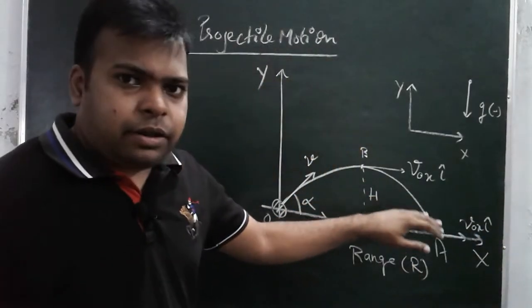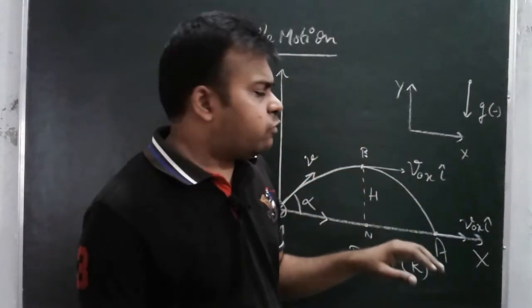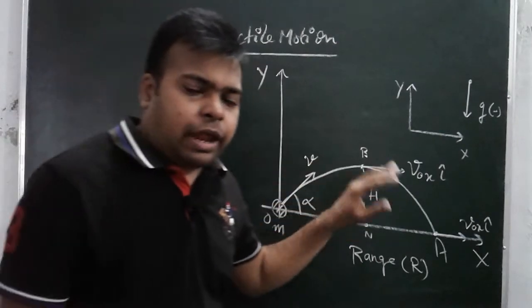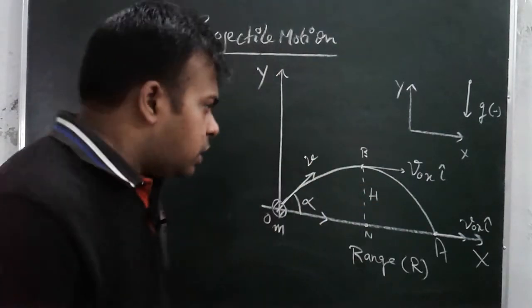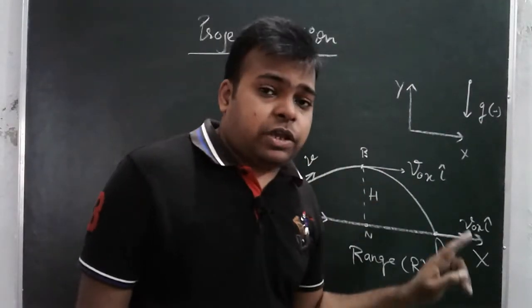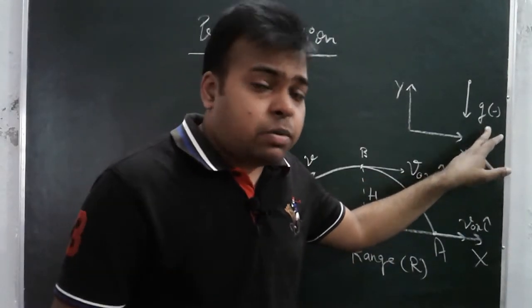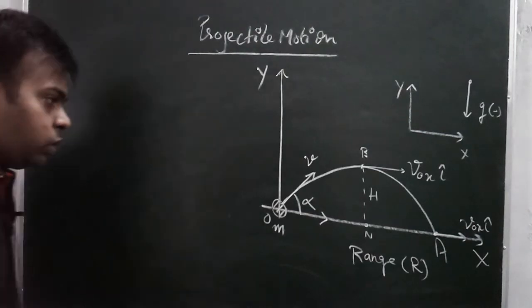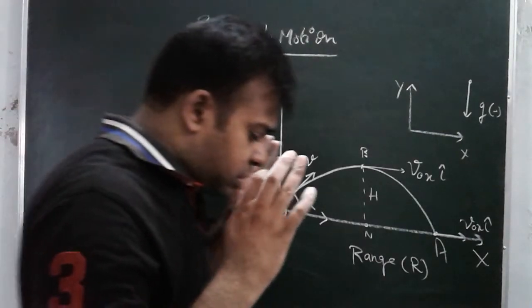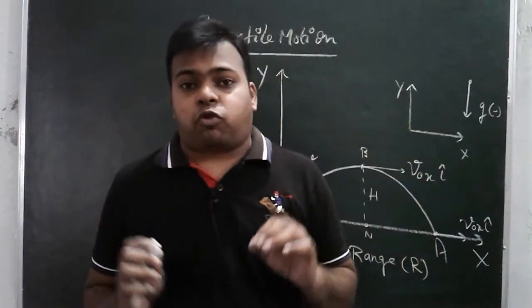At any point you take, the horizontal velocity is constant and the same throughout, but the vertical velocity is changing, and acceleration acts on the ball vertically downward. These are the few points which you have to keep in your mind.